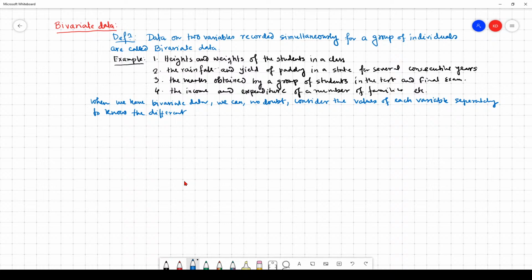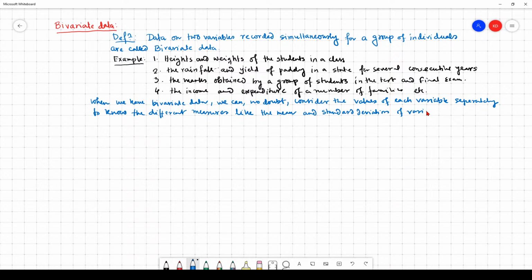Okay. So when we have bivariate data, we can no doubt consider the values of each variable separately to know the different measures like the mean and standard deviation of the variable.